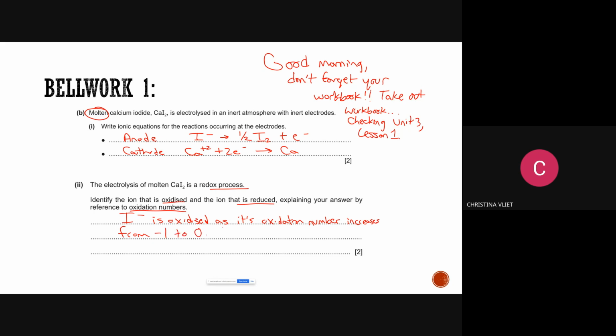And then calcium 2+ is reduced as its oxidation number decreases. And that's what reduction is, from +2 to 0.